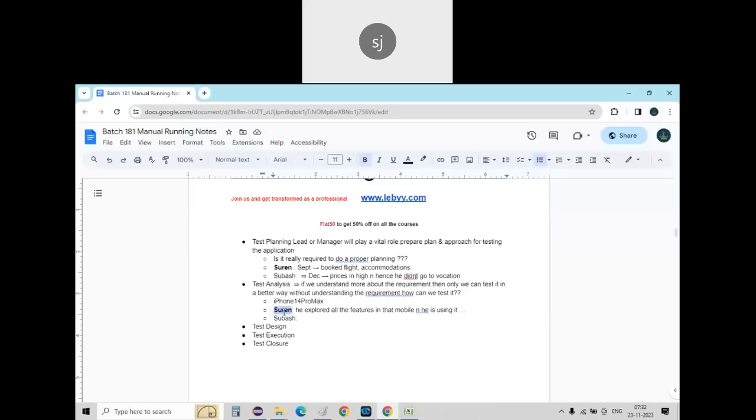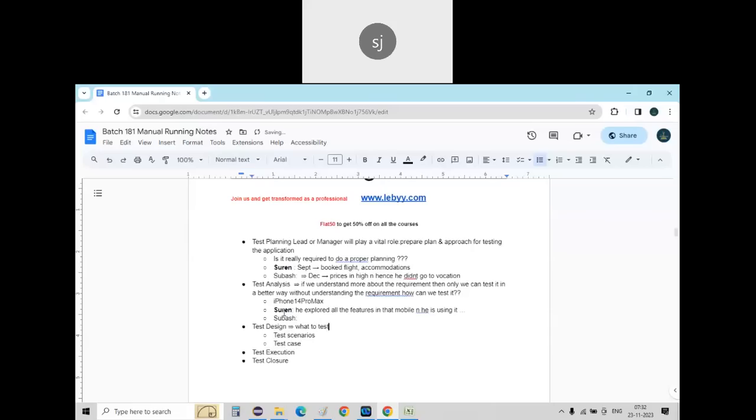Perfect. Then the next thing that we need to consider here is the test design phase. In the test design phase, we prepare test scenarios and test cases.